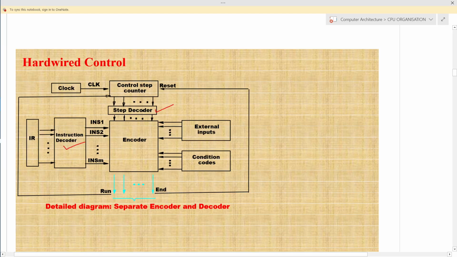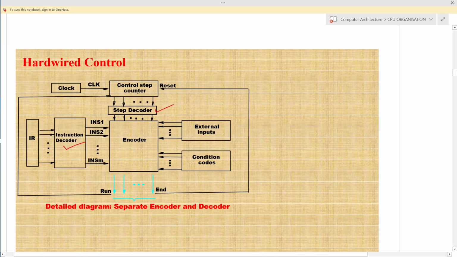That is the relationship between the maximum number of control steps required and the number of bits in the control step counter. So the control step counter bits depend upon the maximum number of control steps required for a particular instruction. And the output of the control step counter is connected to a step decoder.